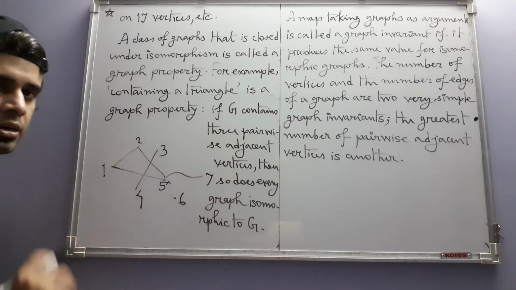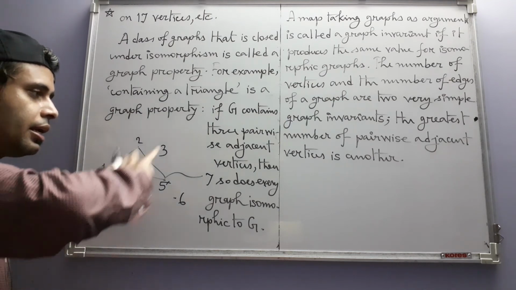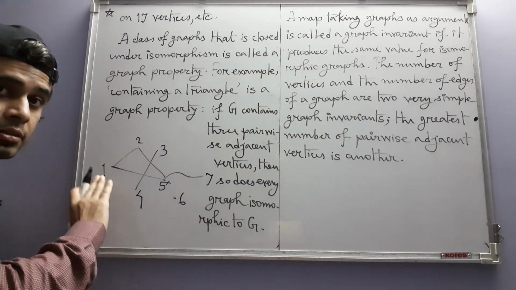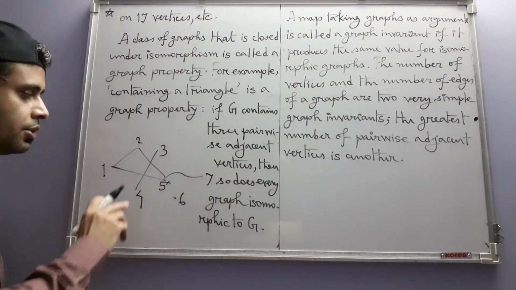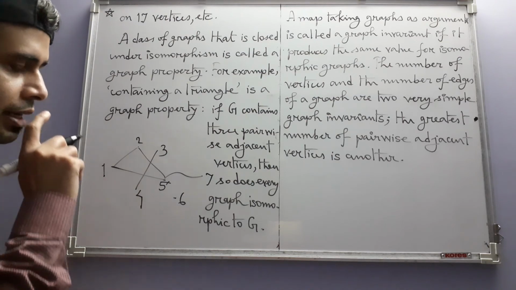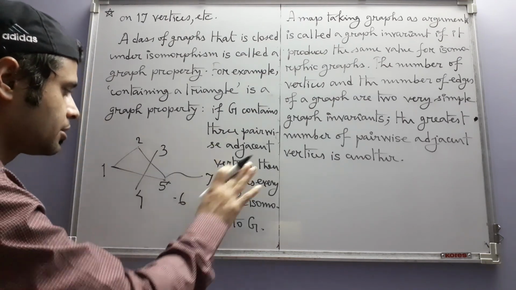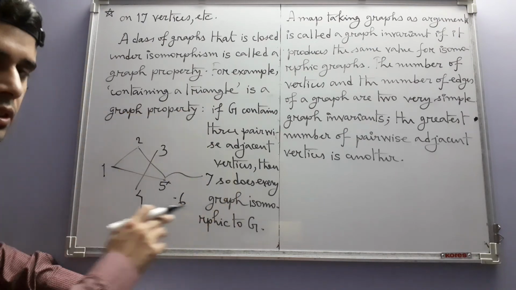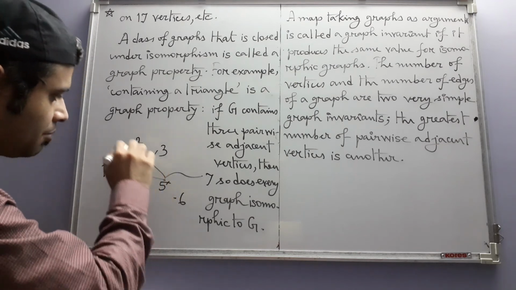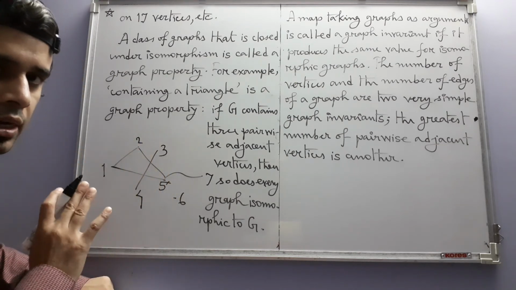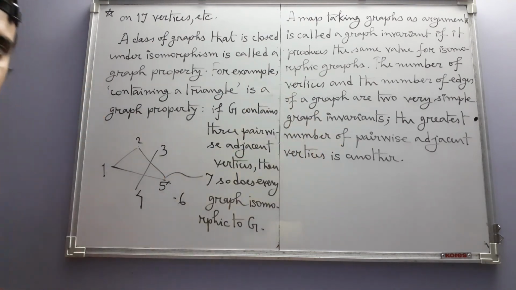I mean, as a part of this graph, that maximum number is 3. If you consider another graph isomorphic to this graph, yes, then there also the maximum number of pairwise adjacent vertices will be 3. So that is another graph invariant.